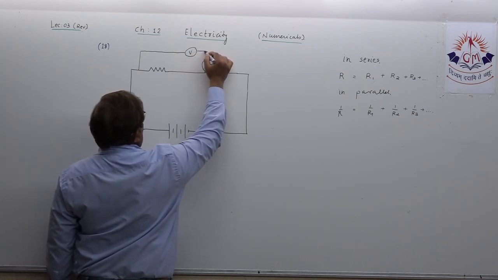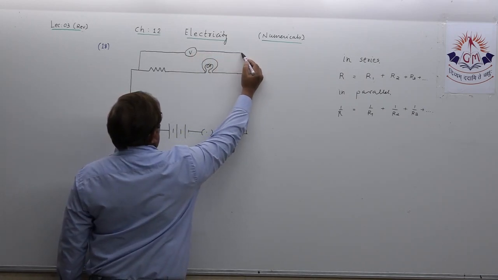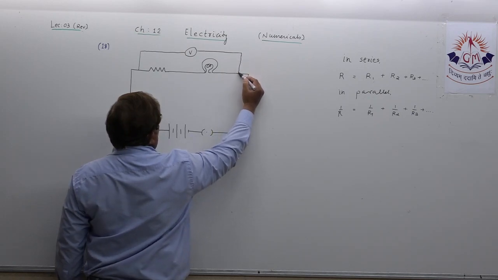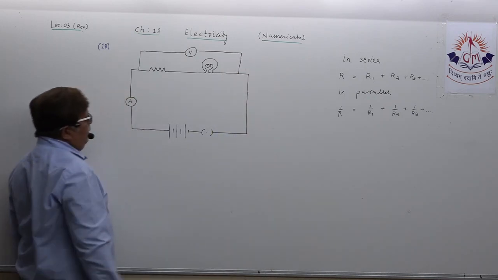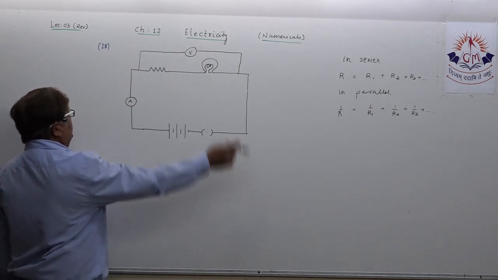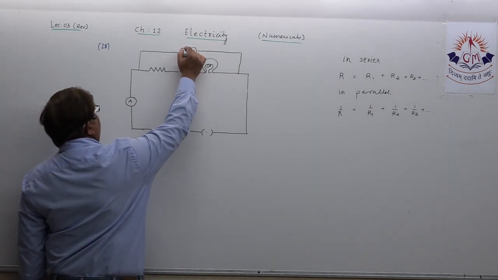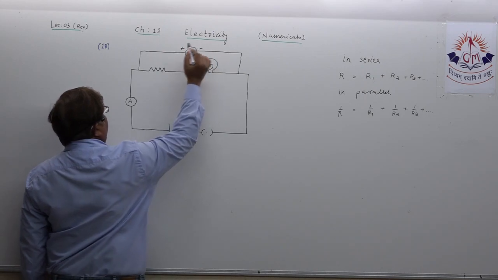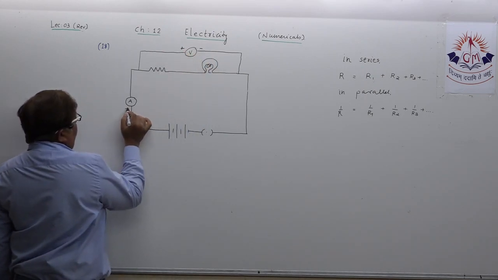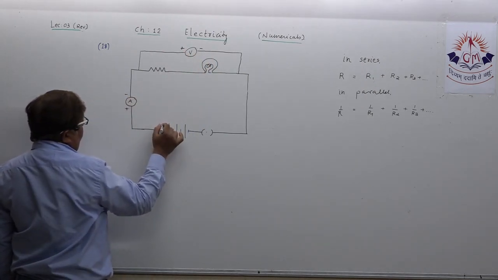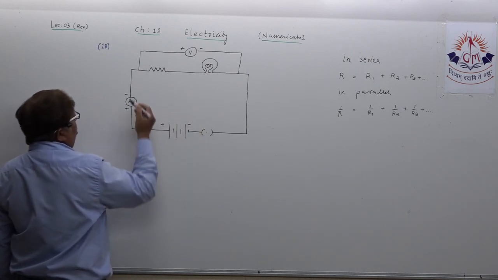Voltmeter is always connected in parallel, that you all know. Now mention the electrodes, positive, negative.